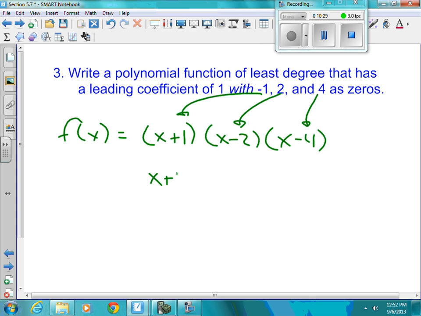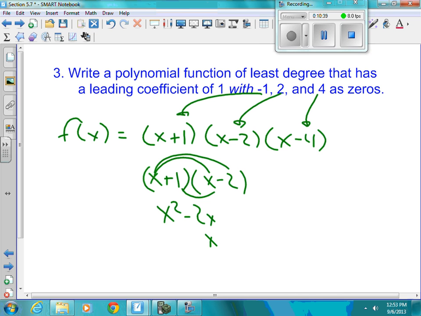So x plus 1, we can't multiply all three at the same time, so we just got to FOIL 2 at a time. So when I FOIL this through and line up my terms, I end up with x squared minus x minus 2. And I still have this x minus 4 over here that I haven't multiplied.